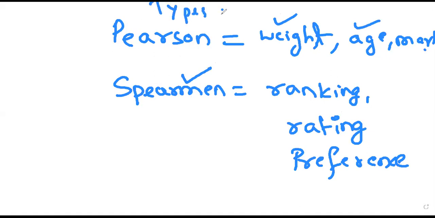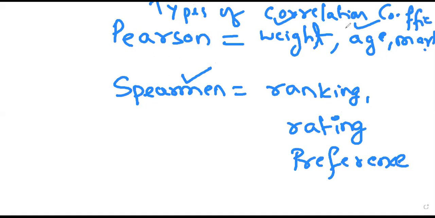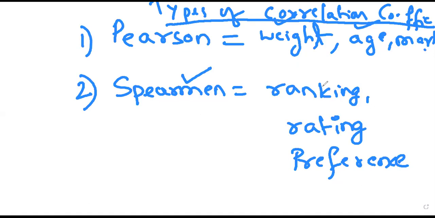These are the types of correlation coefficients. First type is Pearson correlation coefficient. Second one, Spearman correlation coefficient. The first one is used when these are exact values.